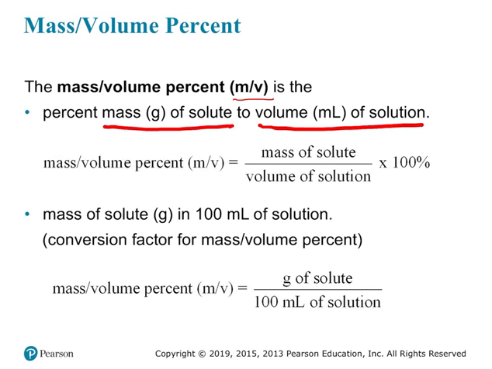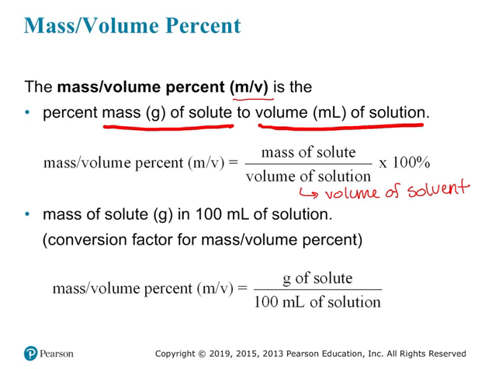Now, in this case, it's going to be difficult to figure out the total volume of solution just from the mass of the solute and the volume of the solvent because the units don't match, right? So typically in this type of calculation, we're just going to assume that the volume of the solution is the same as the volume of solvent. So this makes it a little bit different from the other two types of concentrations.